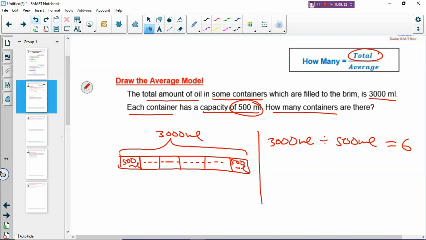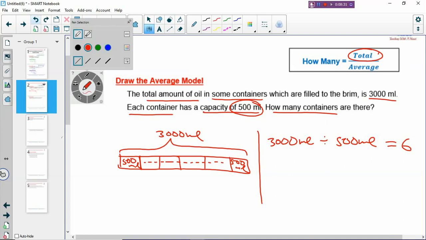So when you don't know how many boxes to cut, what happens? Then you have a broken model, which is what you will see in the harder problems. When you are solving average problems, some of them are quite tough. So you don't know how many containers, then you will need to have a broken model. Every box will be the same, and this is called average.